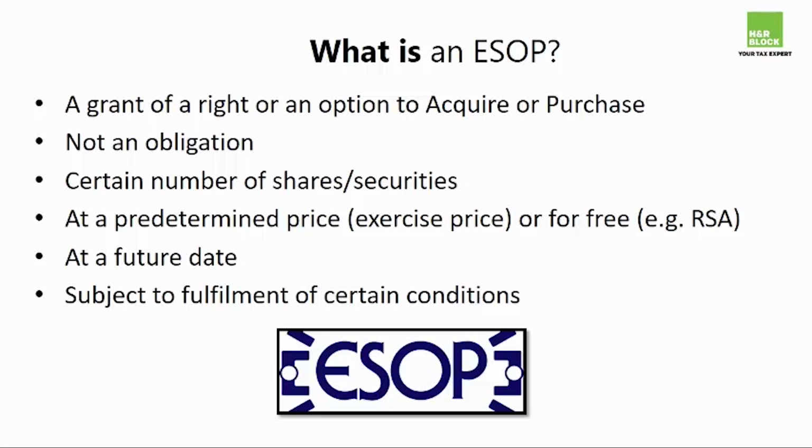We are going to see how it is taxed, subject to fulfillment of certain conditions. There are certain conditions which are always attached to any ESOP option. It may be a particular number of years of service or achievement of a particular target or anything. These are called vesting conditions.